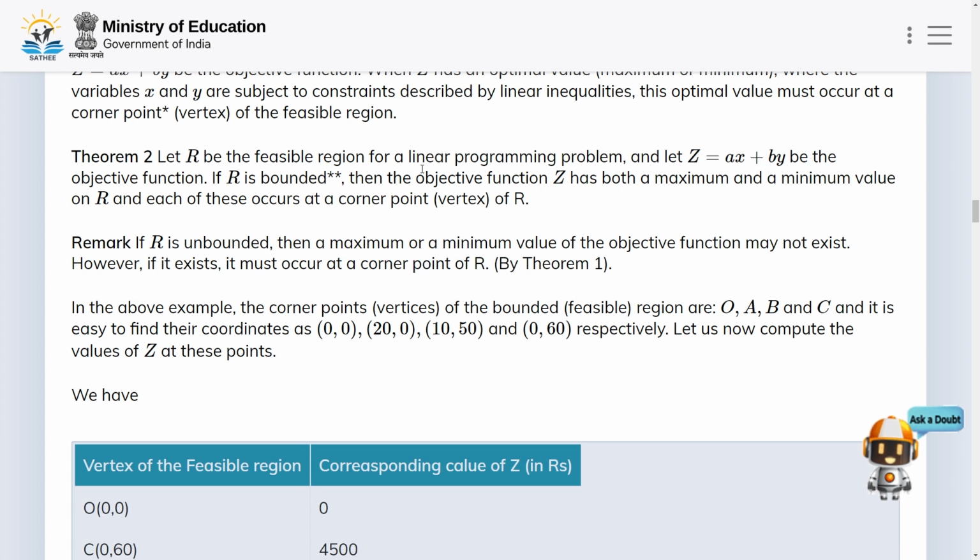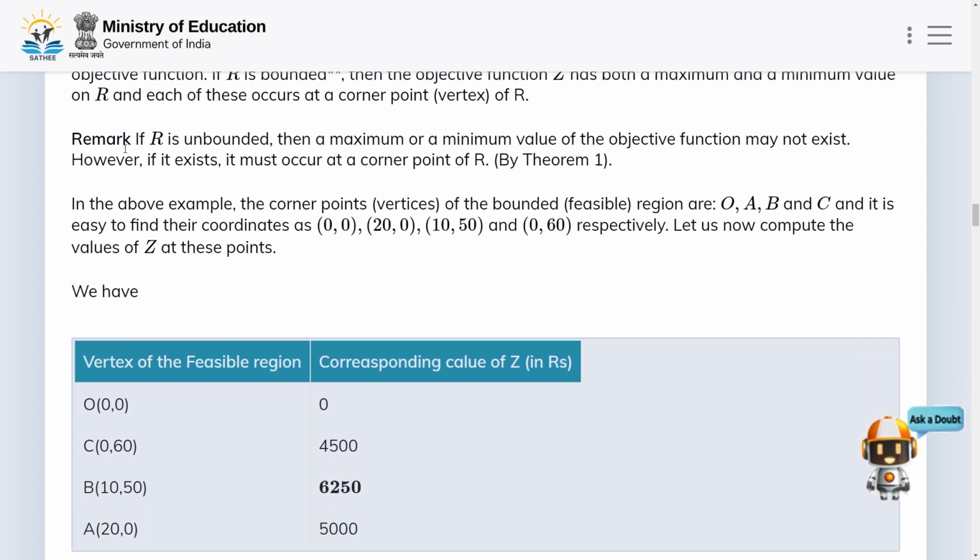The second theorem says: let R be the feasible region for a linear programming problem, and let Z = ax + by be the objective function. If R is bounded, that means an enclosed area, then the objective function Z has both a maximum and a minimum value on R, and each of these occurs at a corner point or vertex of R. If R is unbounded, then a maximum or minimum value of the objective function may not exist.